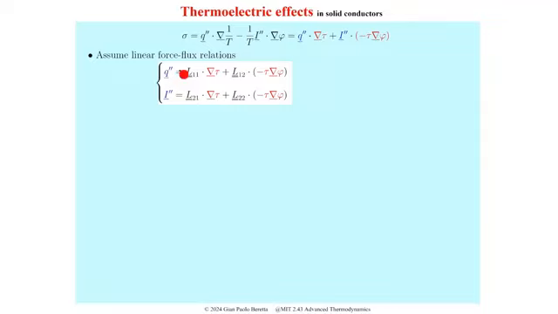And if we assume a linear force-flux relation, because we assume that we are near equilibrium and so on, this is the most general linear relation between these fluxes and these forces. And it has a matrix of coefficients, which is the Onsager matrix of coefficients.